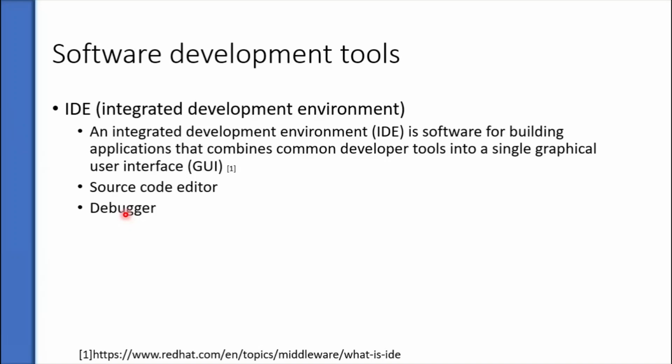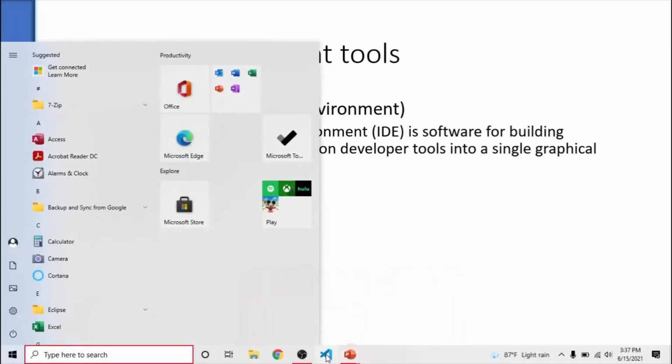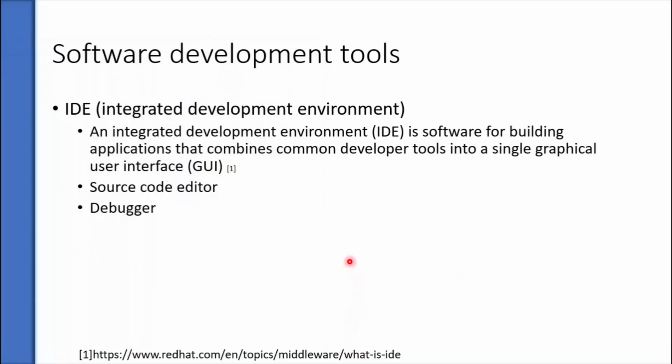Right now, you are clear on what a software development toolbox and an IDE are. So I will show you a small demonstration of an IDE. I'll show the overviews. First of all, I'll show you Visual Studio Code. I have installed Visual Studio Code in here.